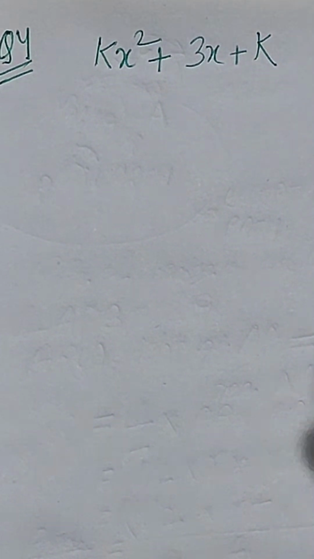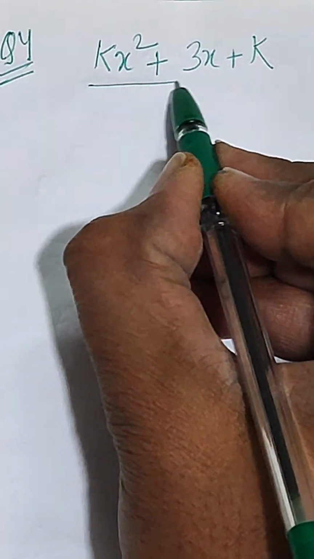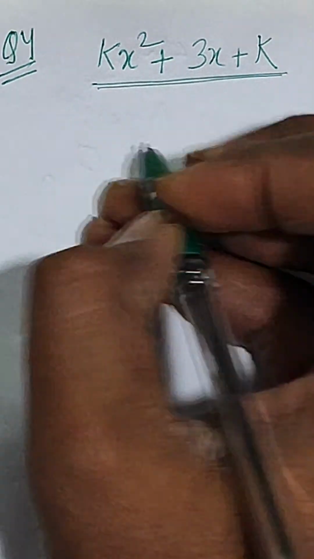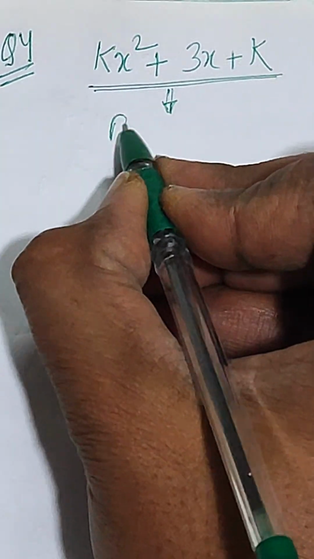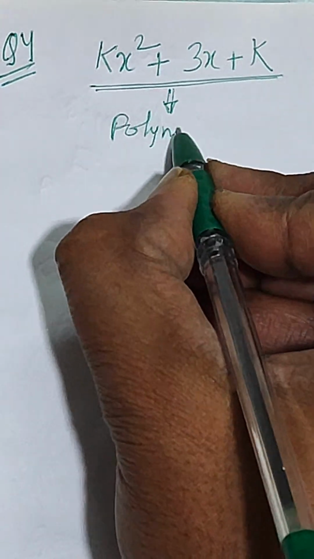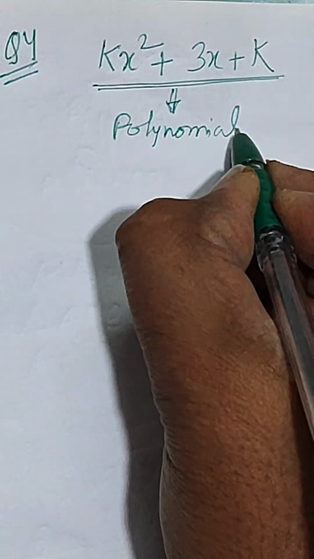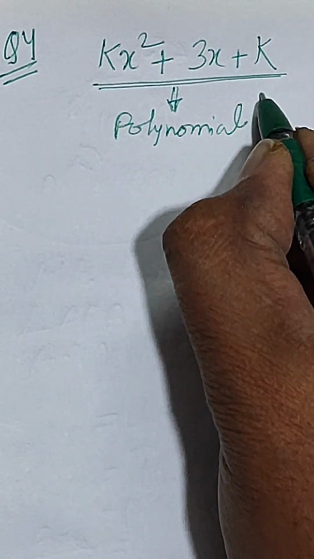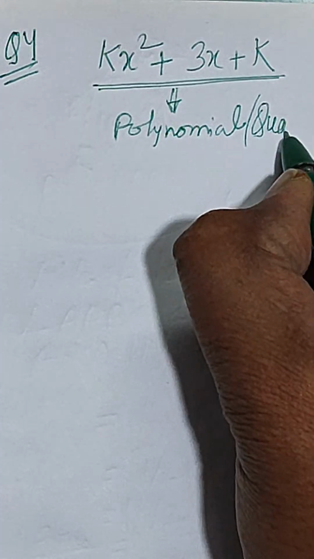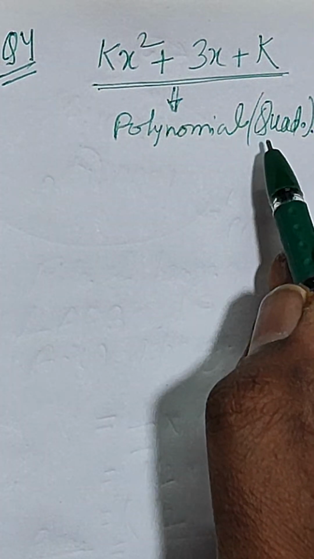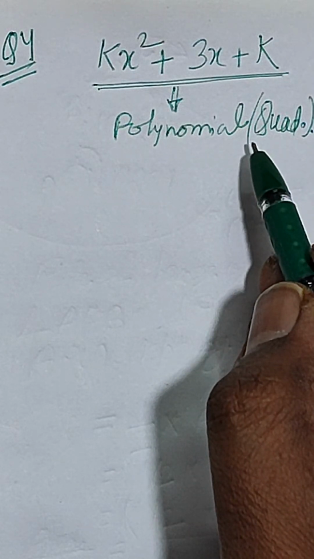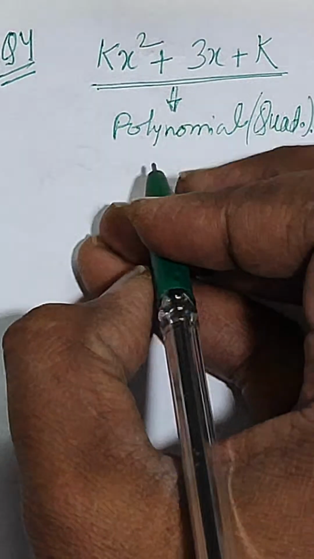Is it visible? Yes. kx square plus 3x plus k. So this is a polynomial which is quadratic in nature. Right? And it's given that one of the zeros is 2.